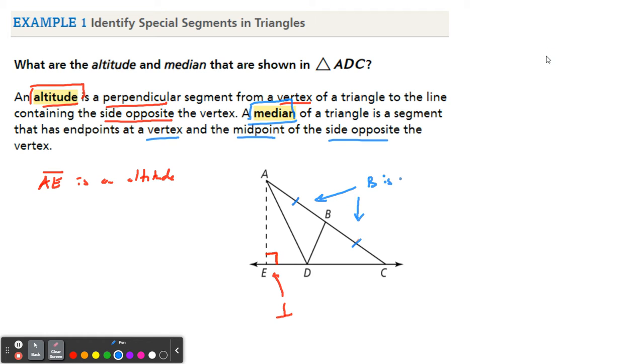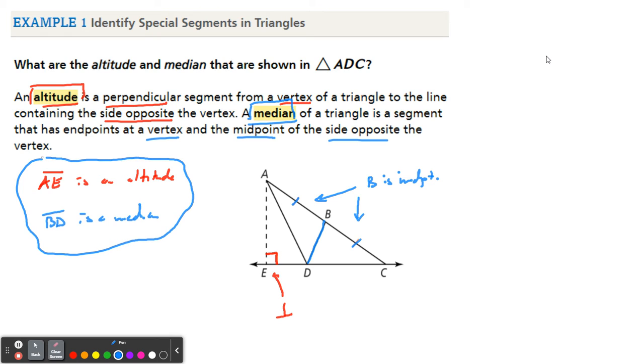So then the vertex opposite of that side AC would have to be D. BD is going to be your median. Segment BD is a median. So there's how we identify these special segments in our pictures. Very important paragraph here involving the definitions of median and altitude.